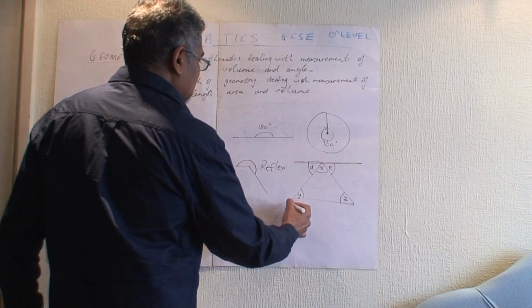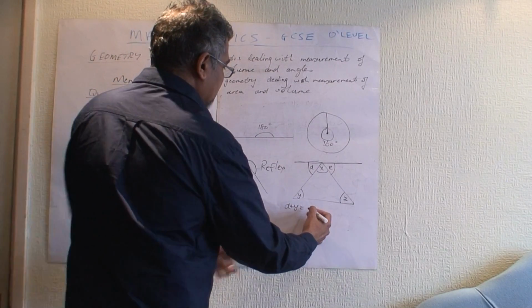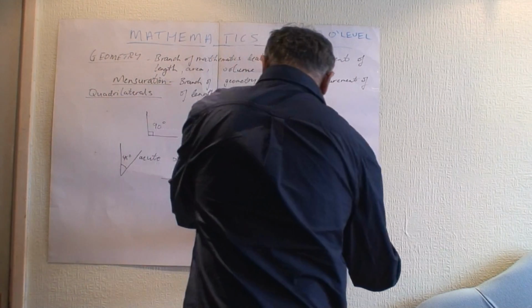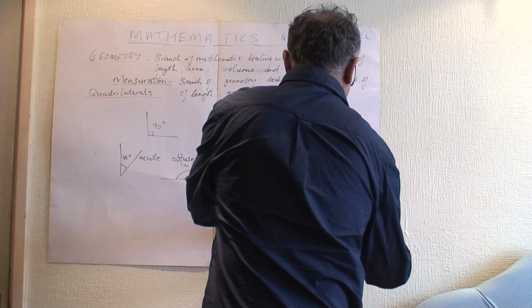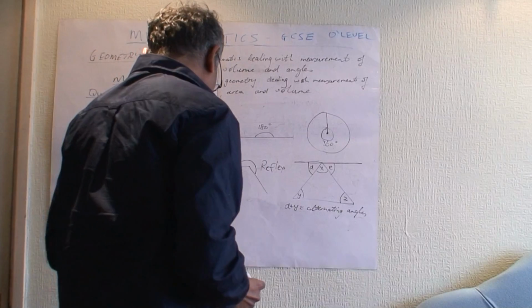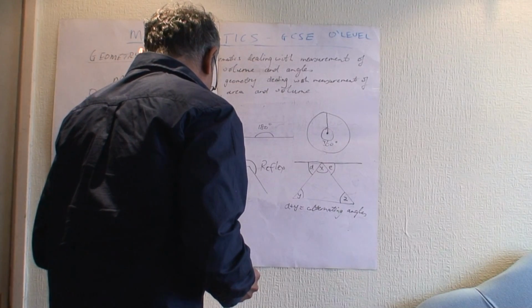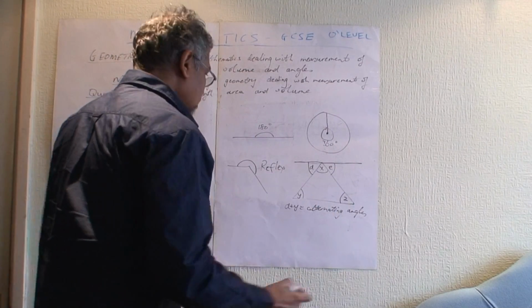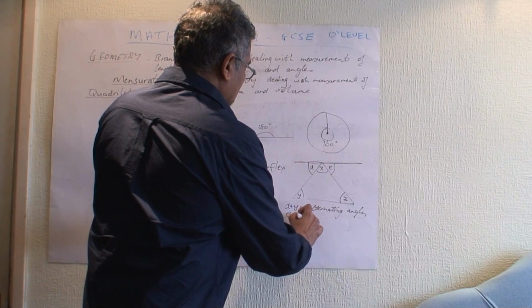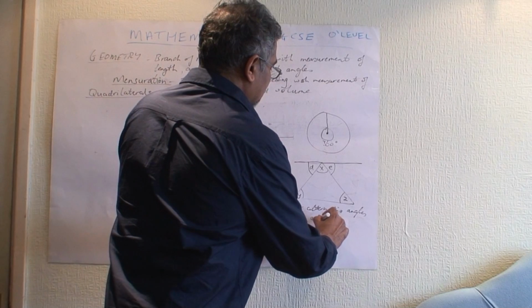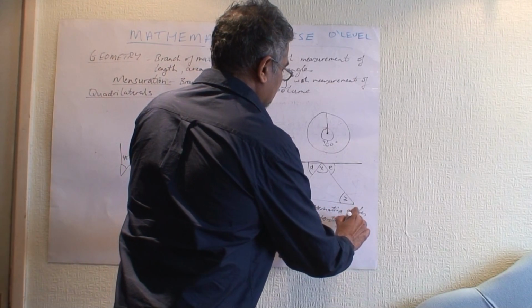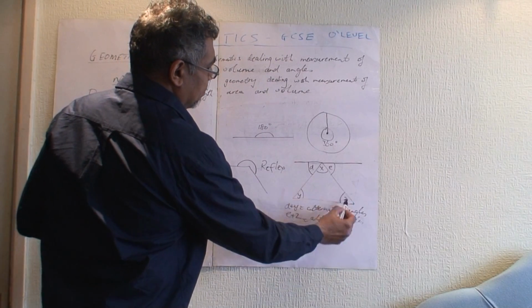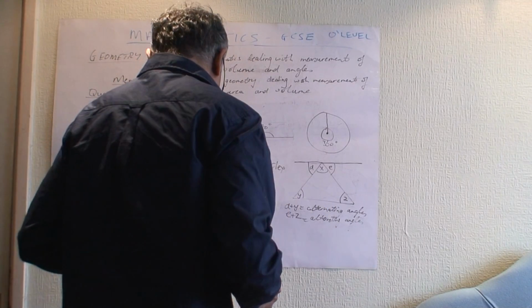So D and Y are alternate angles, and similarly, E and Z are also alternate angles.